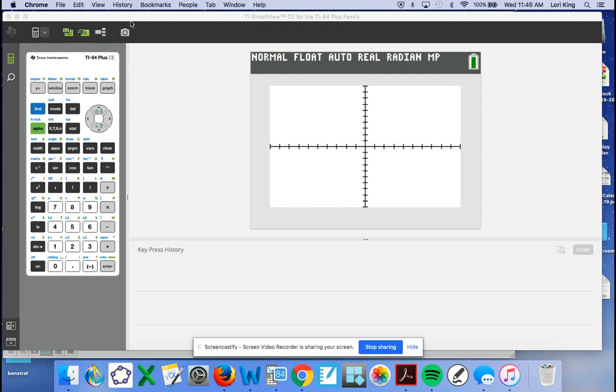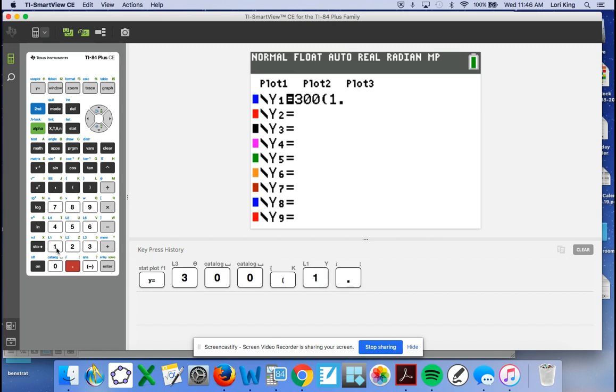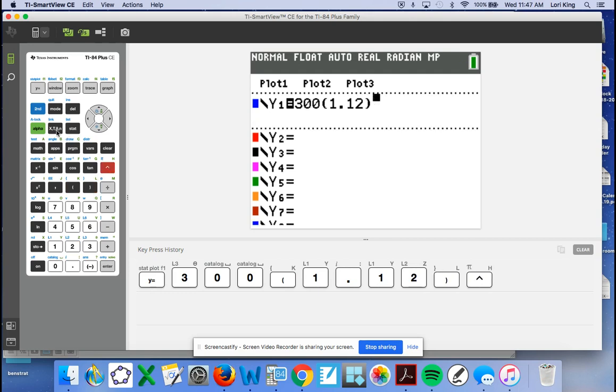If you want to, take your calculator out and work along with me. So I'm going to go to my y equals screen. And in y1, I'm going to type in the function 300 times 1.12 raised to the x. That's my exponential function.